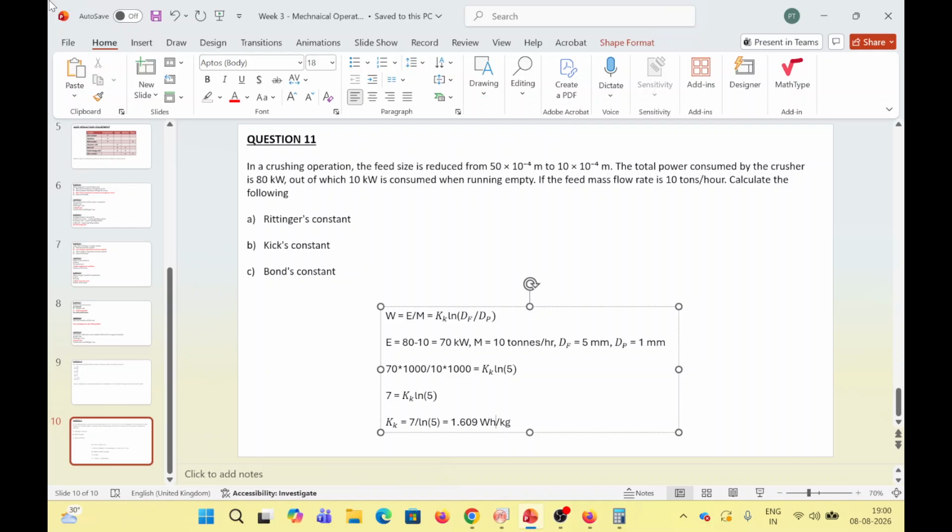So will you be able to calculate this on your own? I think for the Rittinger's constant, I need to give the value of dvs for both the particles as well as the feed, so I'll give it. But apart from that, will there be any confusion?